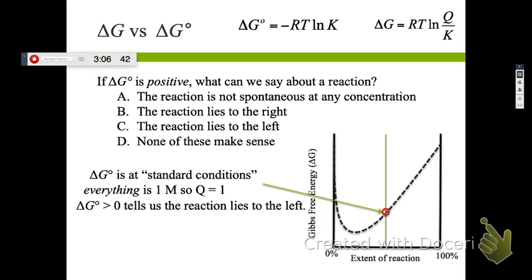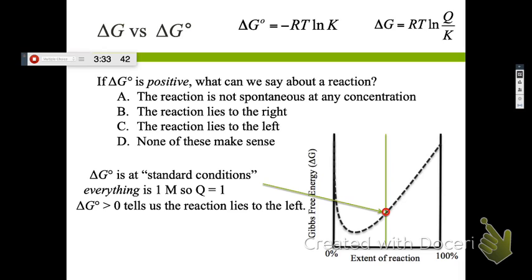All right. So what do we draw for our other graph? Can I hear from Austin? What did you draw if you have a delta G naught that is less than 0?